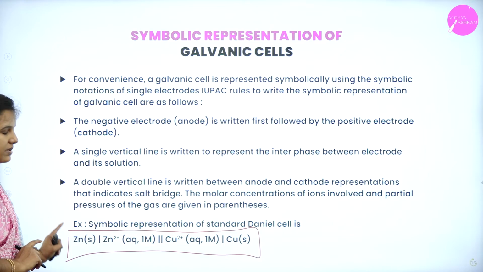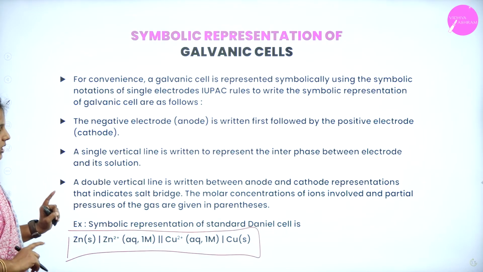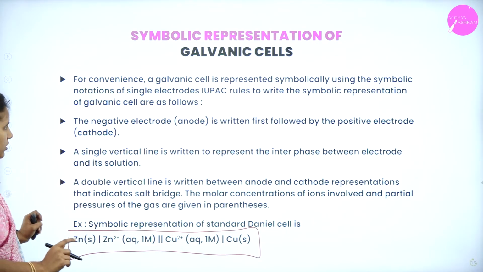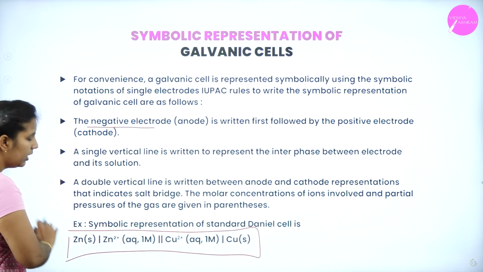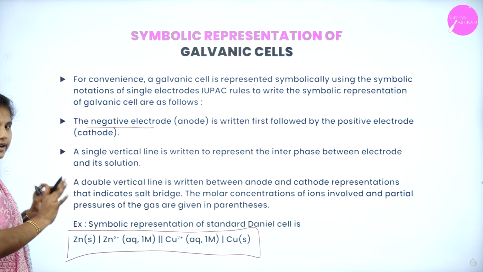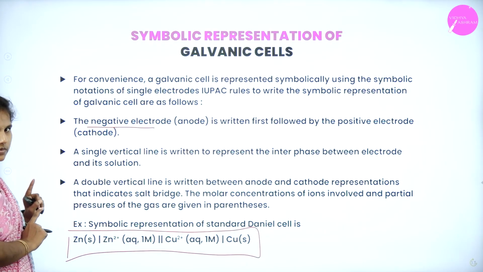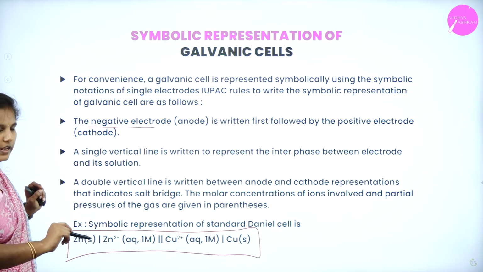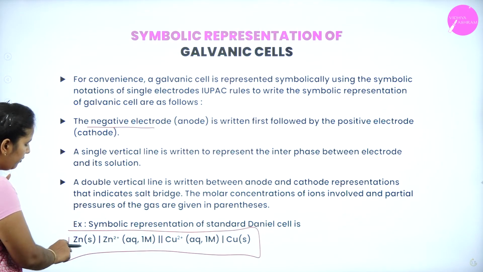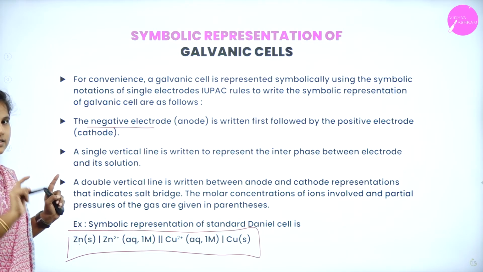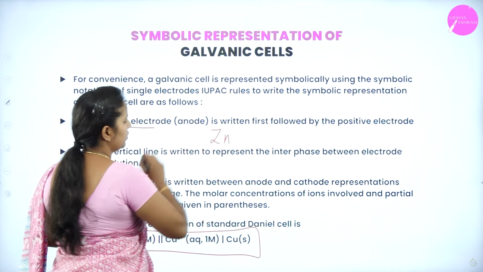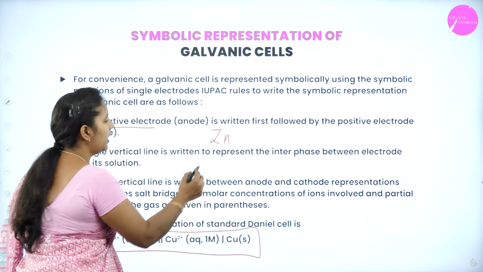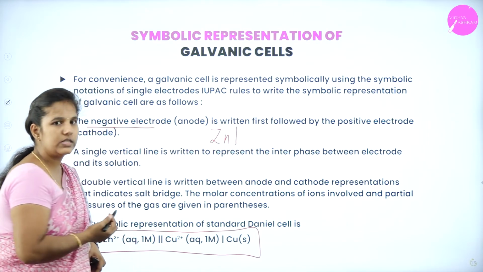To symbolize the entire cell reaction, first we must denote the negative electrode. Since at the anode oxidation takes place, I have placed the negative electrode, that is zinc, first, followed by a single vertical line.